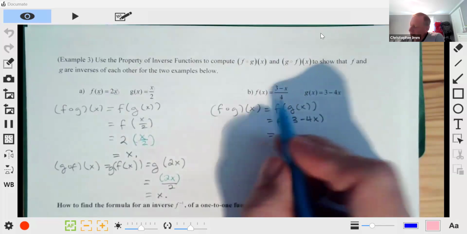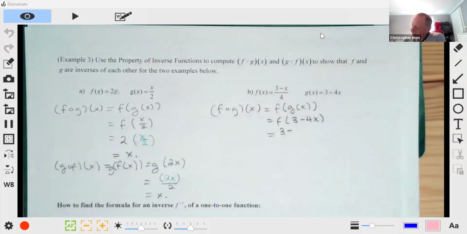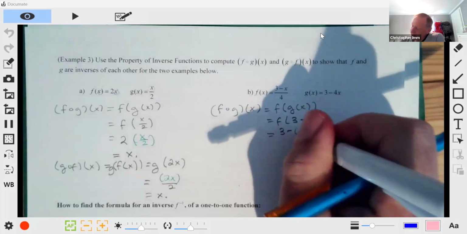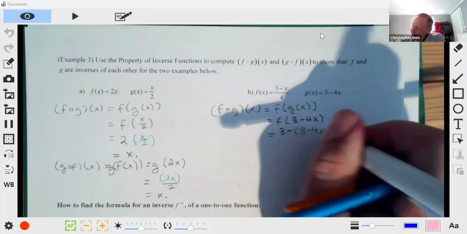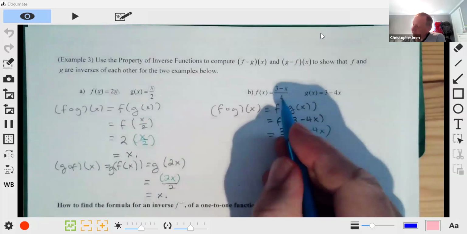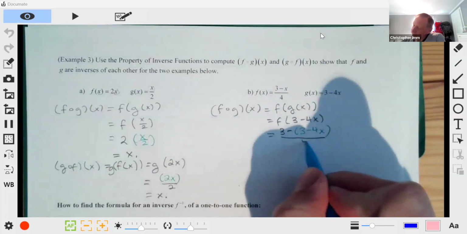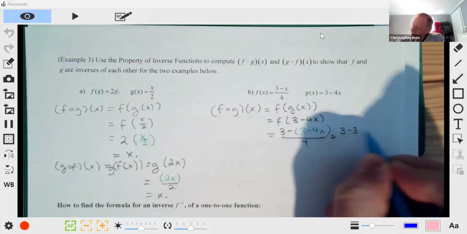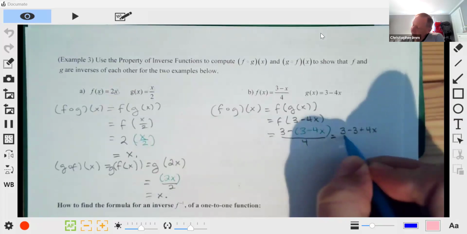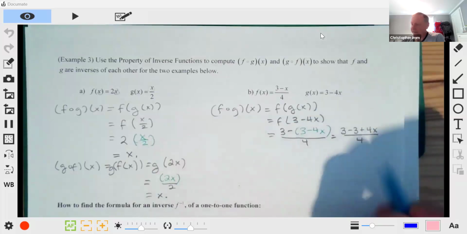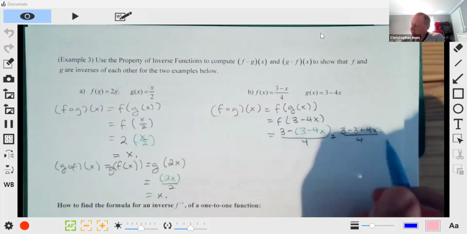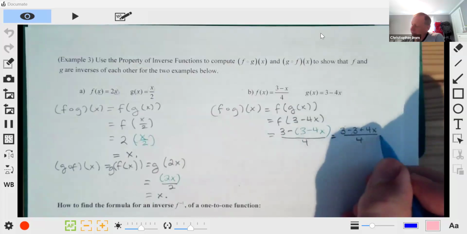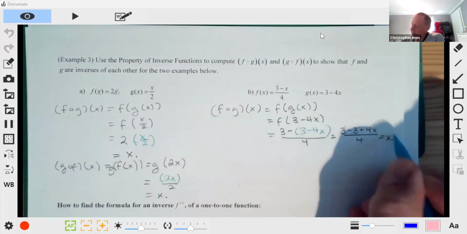So I'll have 3 minus 4x all over 4. I distribute the negative, so I have 3 minus 3 plus 4x over 4. Notice that 3 minus 3 is 0, and 4x over 4 does give me x. So that one checks out.